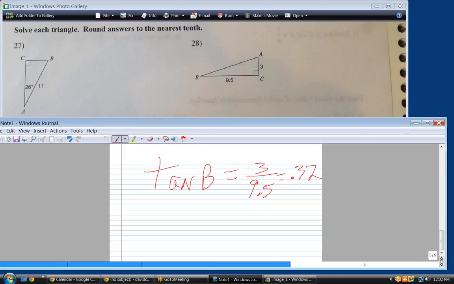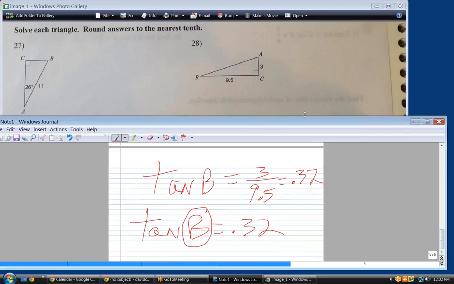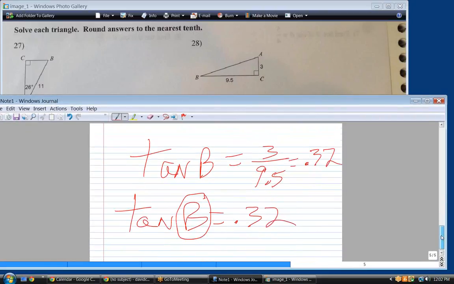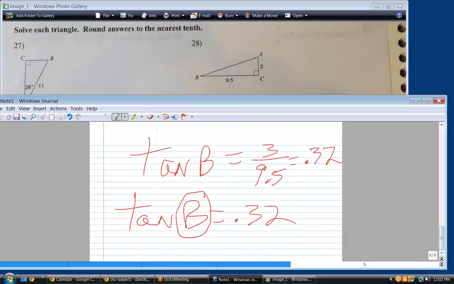Okay. Now how do we solve for B? If I'm saying the tangent of B is equal to 0.32, how do I solve for angle B? This is where your arc functions come in. If the tangent of angle B is equal to 0.32, you can think of it as taking the inverse tangent of both sides.